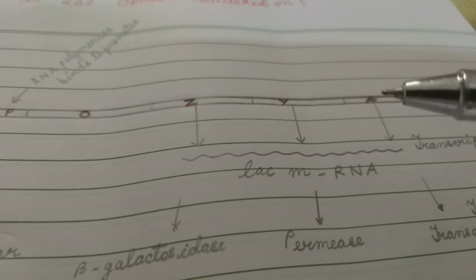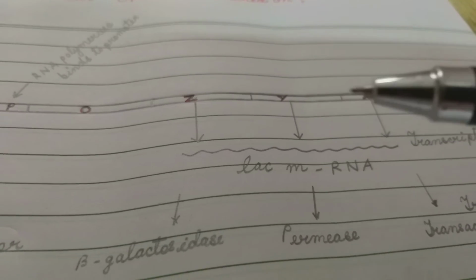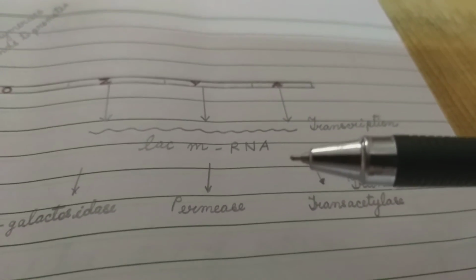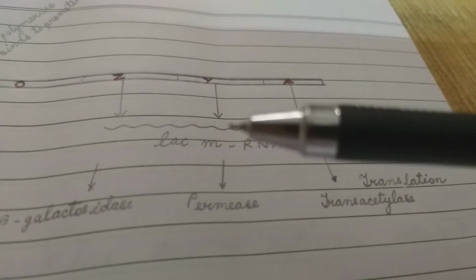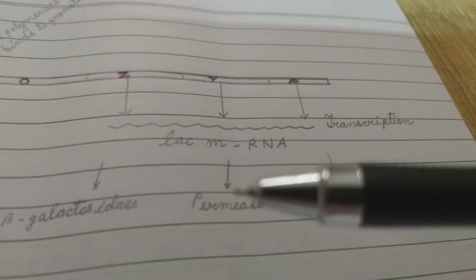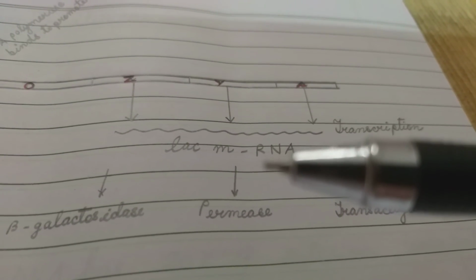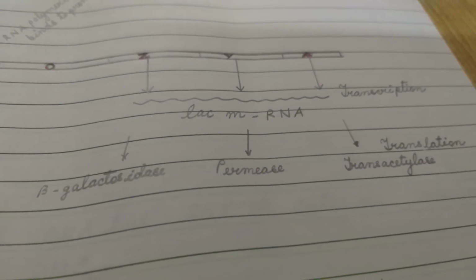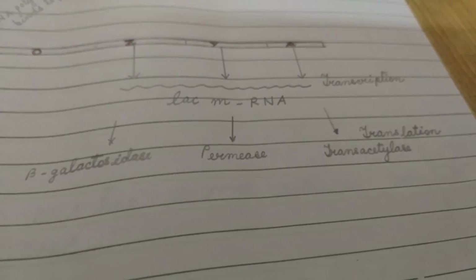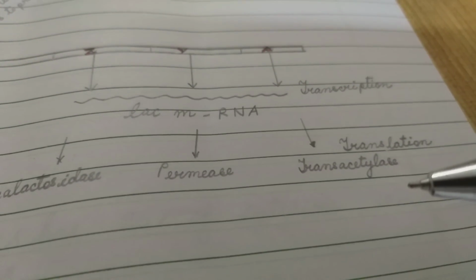As a result, RNA polymerase catalyzes transcription of ZYA into a messenger RNA which is called lac mRNA. This lac mRNA is now translated. That means the three structural genes are expressed. So lac mRNA is now translated into three different proteins which are enzymes: beta-galactosidase, permease, transacetylase.